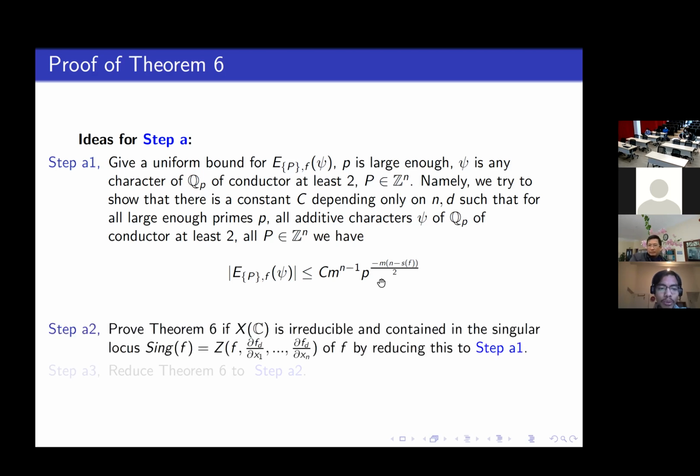Step A2. So I will prove theorem 6 in the case that C is irreducible and contained in the singular locus of F, with the zero locus of the ideal generated by F and the derivatives of first order of F. And we prove step A2 by trying to reduce it to step A1.